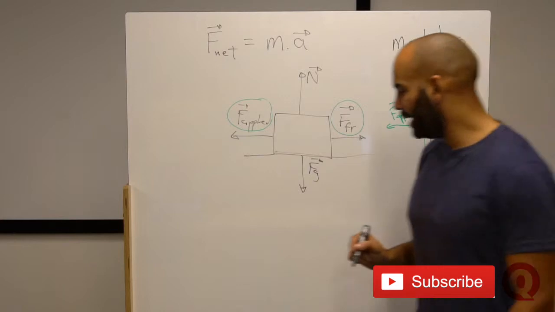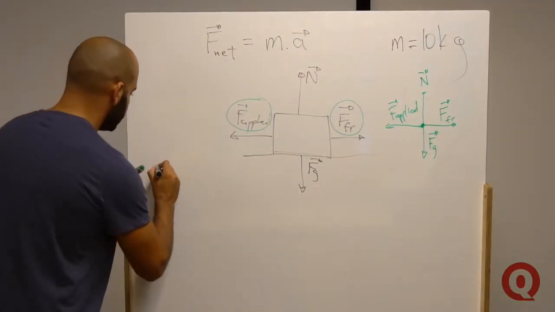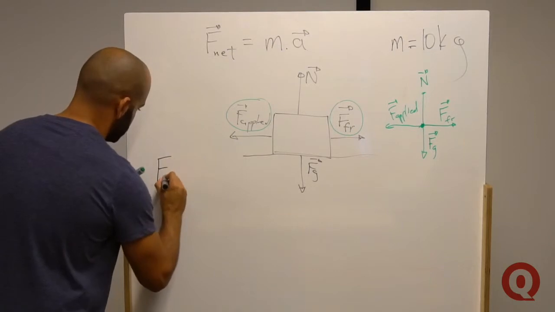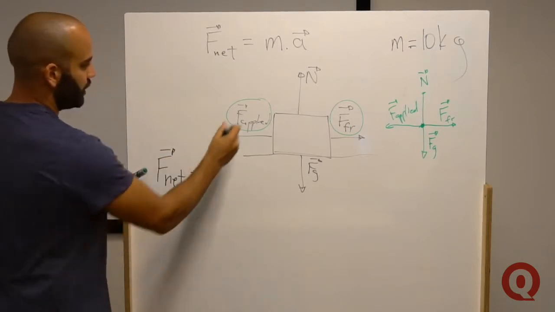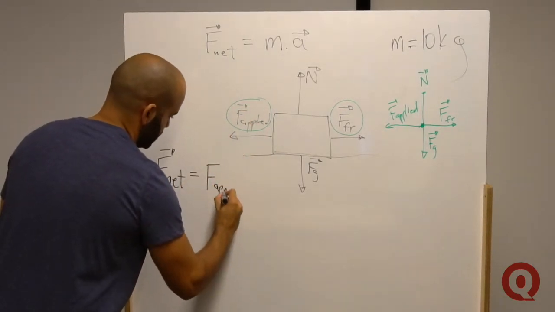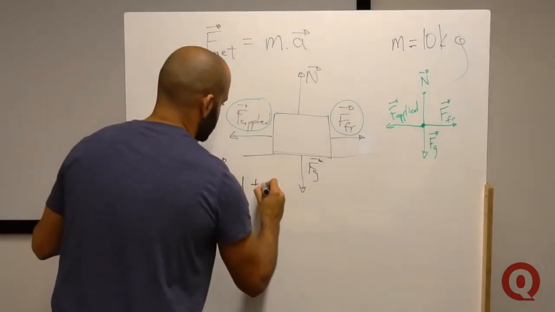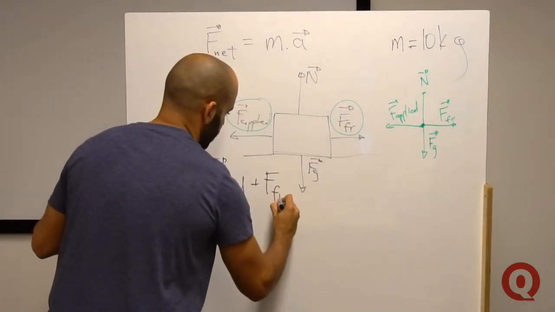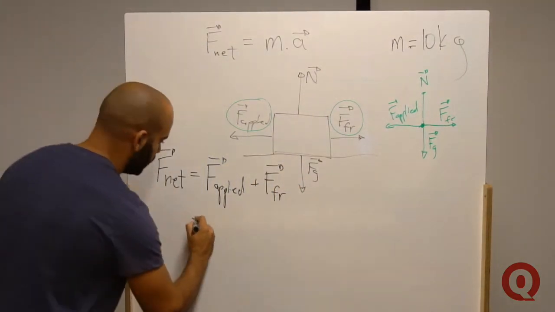So F net is equal to F applied plus F friction.